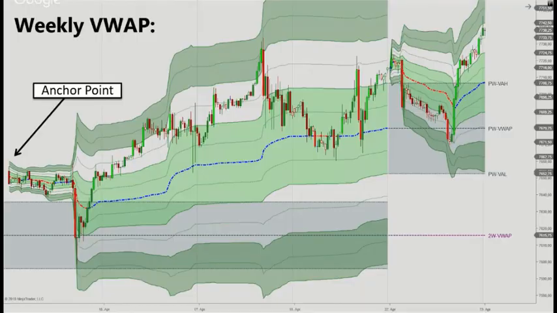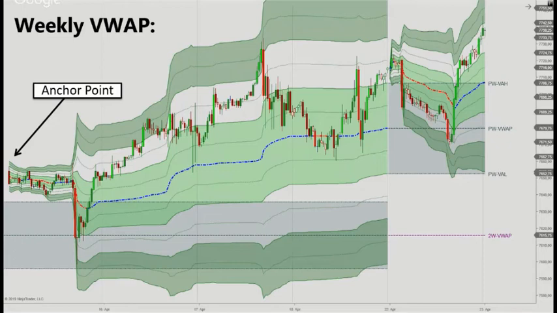So this is Nasdaq in a 30-minute chart with last week's VWAP and this week's reading, which is anchored here at Monday. And you see that this weekly VWAP on Monday is the same as the daily VWAP because they're anchored at the exact same starting point.